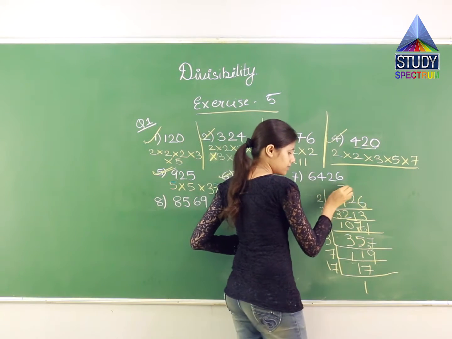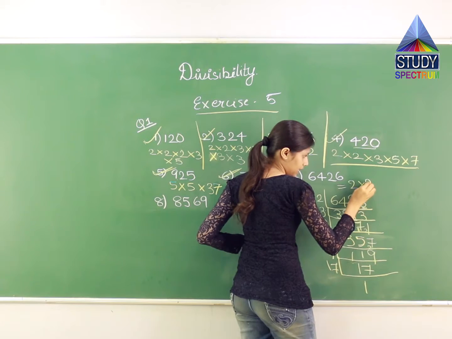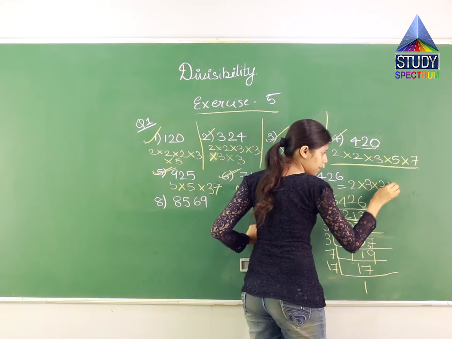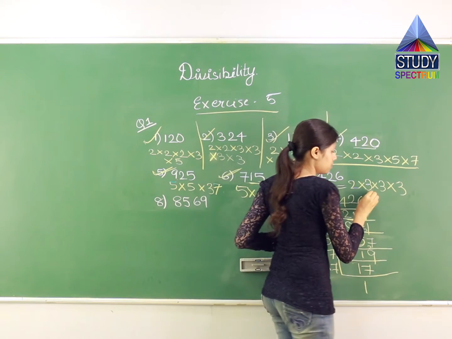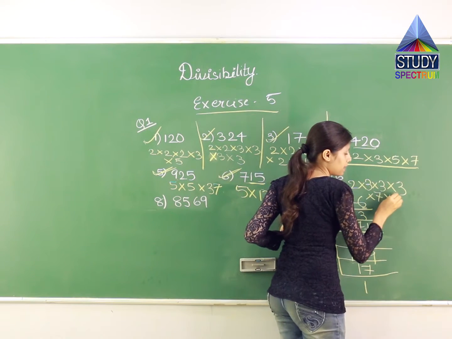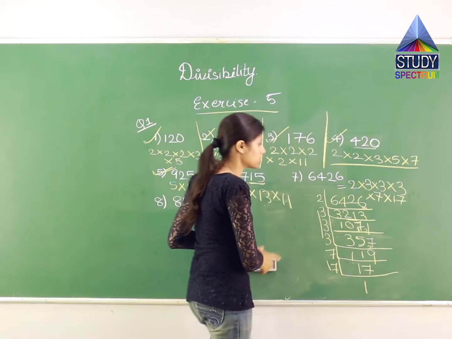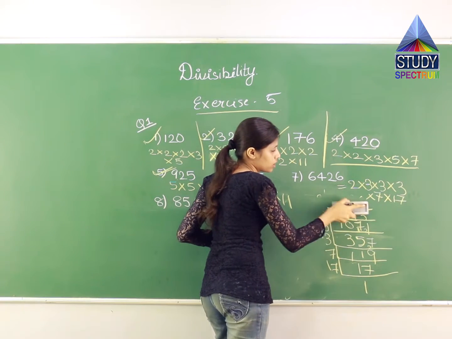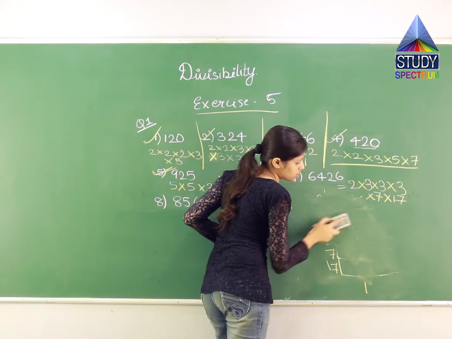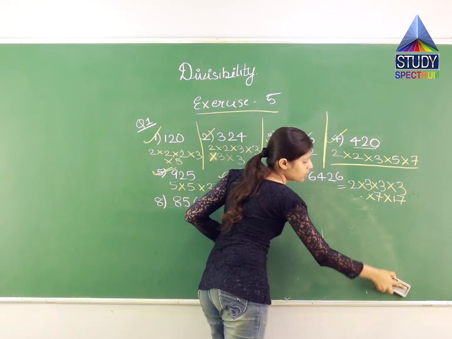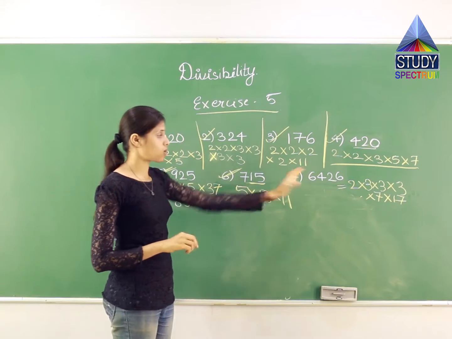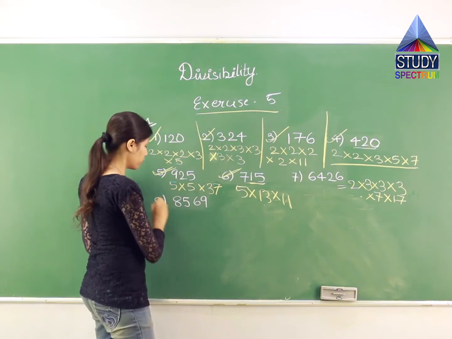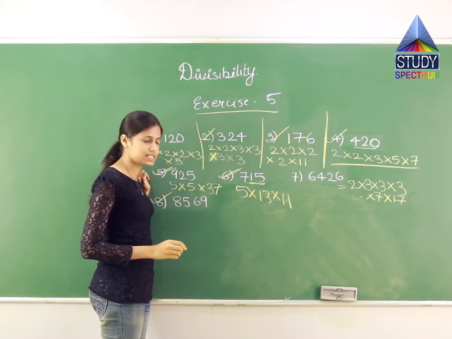The answer for this is 2 multiplied by 3 multiplied by 3 multiplied by 3, then multiplied by 7 and multiplied by 17. So this is the answer for 6426, all the possible prime factors, the lowest prime factors for 6426.